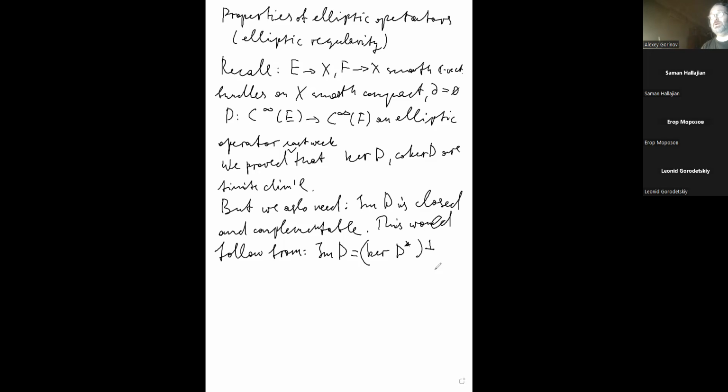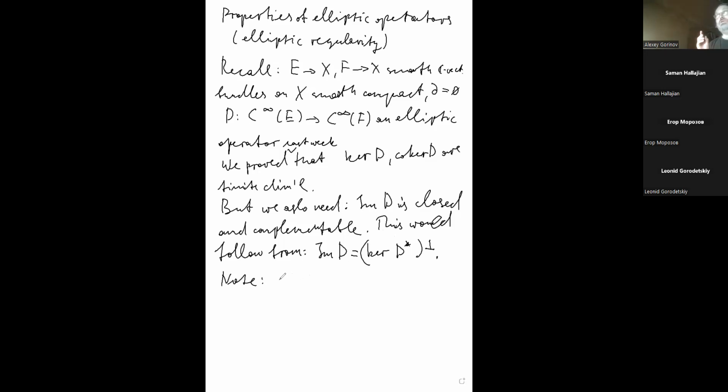Having a volume form is equivalent to the manifold being orientable, but there's a workaround which also works for non-orientable manifolds. Anyway, we would prove what we're after if we're able to prove this.